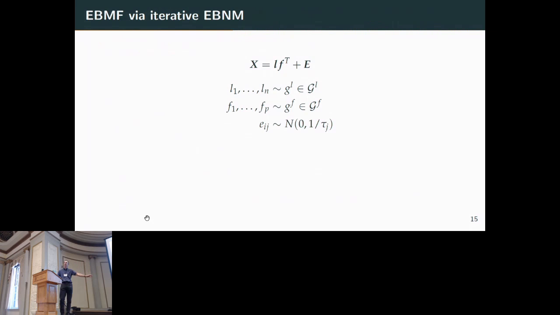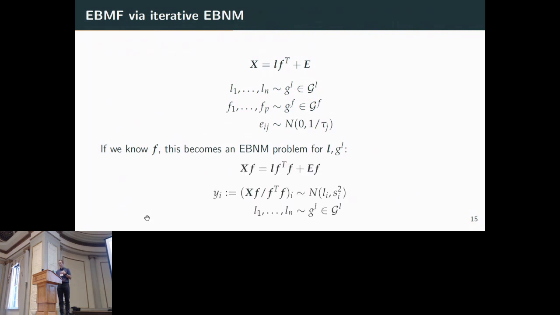Okay, so back to the matrix factorization problem. How does this help us? This is the matrix factorization problem. So the idea is essentially, just for a moment, imagine we knew F and we only wanted to estimate L. If we knew F, then it turns out that estimating L is essentially an empirical Bayes normal means problem.